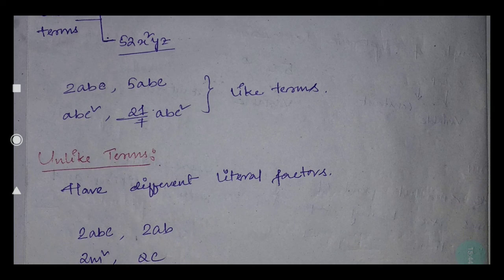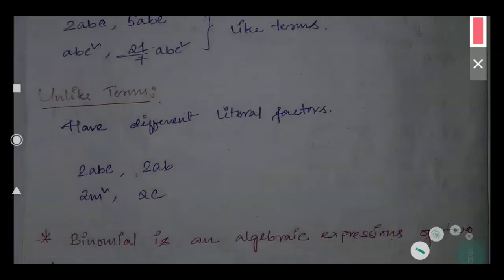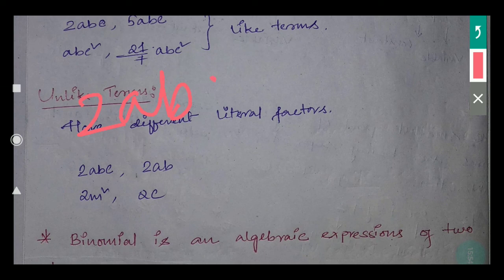Unlike terms are the opposite, that means they have different literal factors. Suppose it is given 2abc and another one is given 2ac. Here b is not present, so these two will not be like terms; we call them unlike terms.